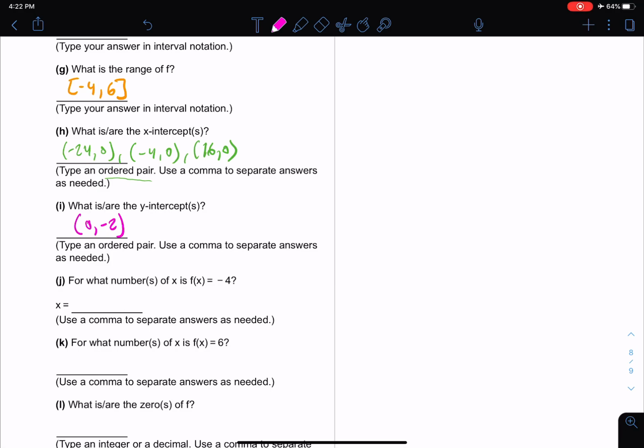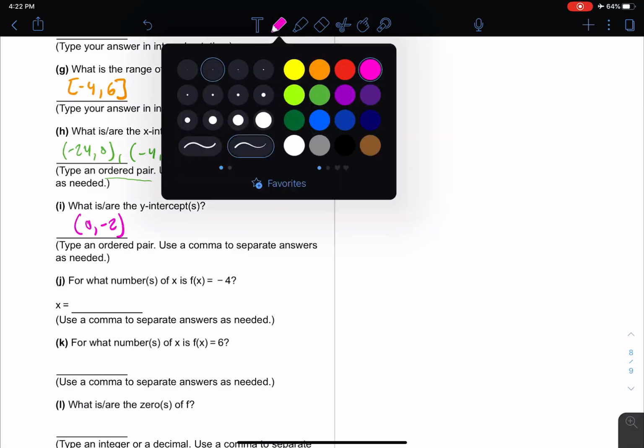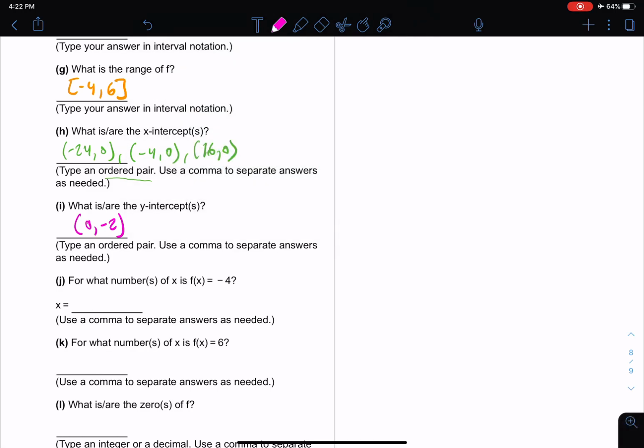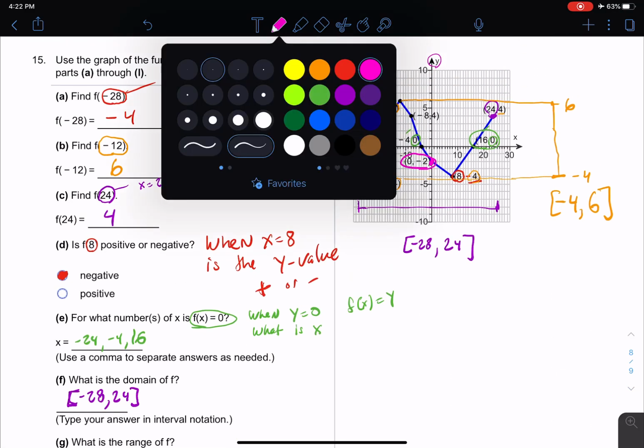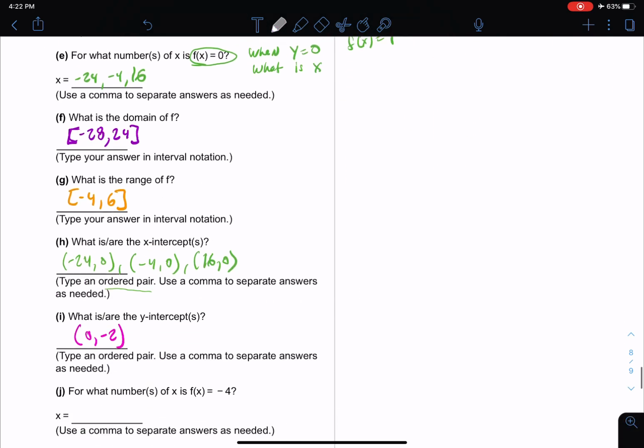For what number of x is f of x equal to negative 4? We are definitely running out of colors. What can I use? Guess I stay away from these others because I don't know if they're easy to see, but I'll try gray.